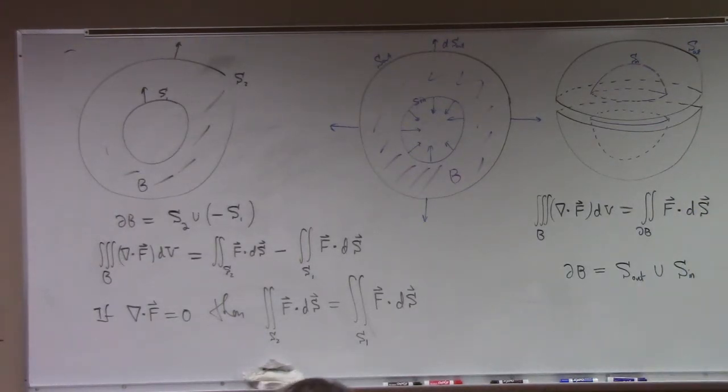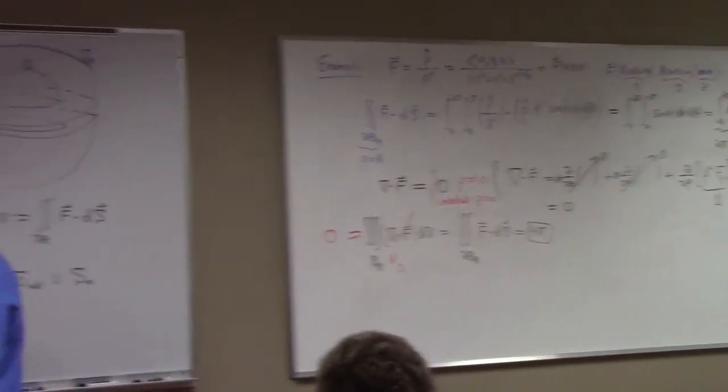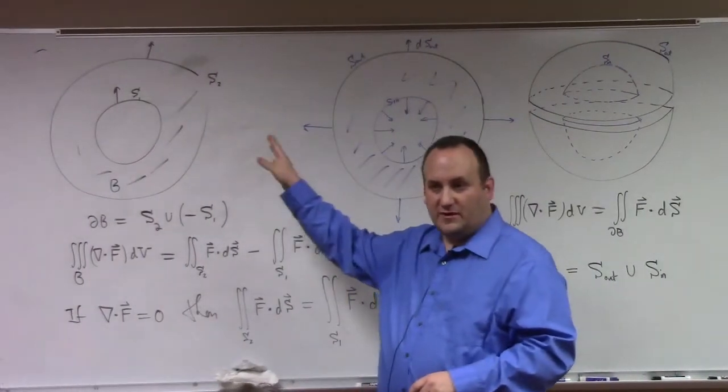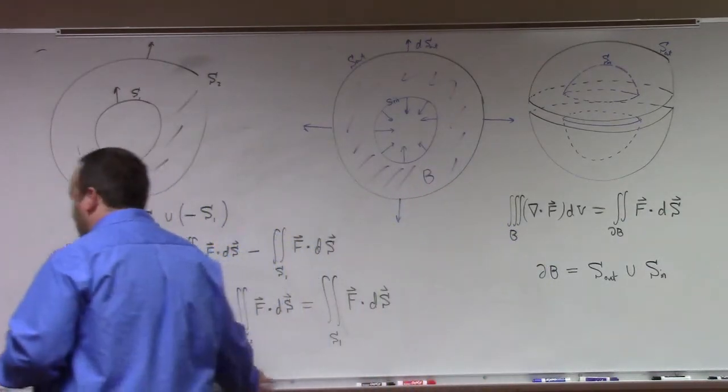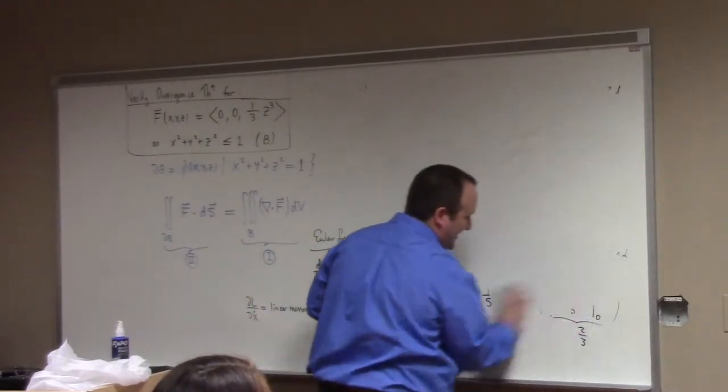So I just showed you that the flux of the Coulomb field through a ball of radius r is 4 pi. Imagine in this example, I drew this picture for S1 and S2 pretty, but it could be much uglier.